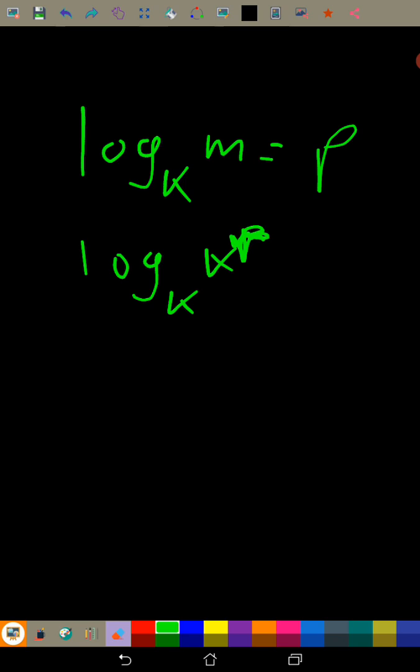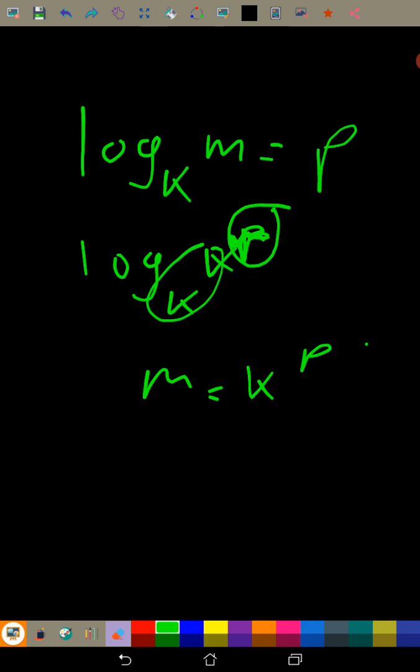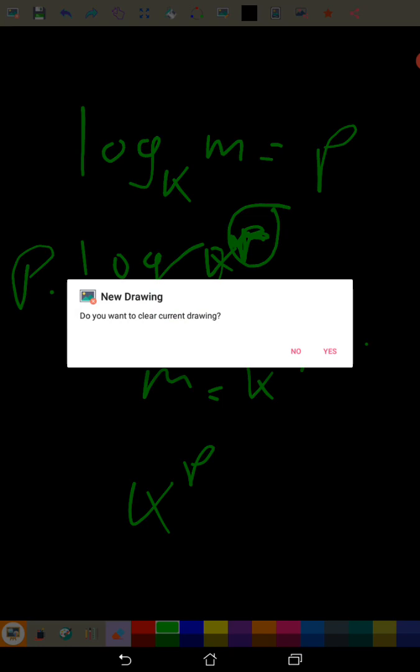So we know that m is equal to k to the power of p, because this is the unknown. This is 1, so we want p here at the end. So k to the power of p is going to be m. Now it's easier, especially when you have to transform a log into exponential.